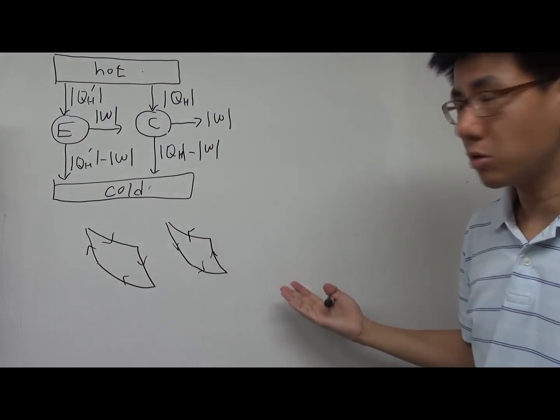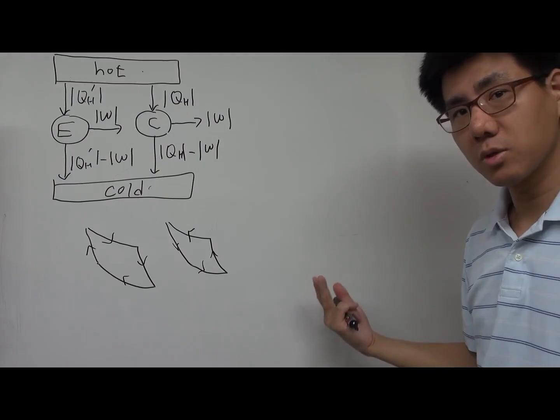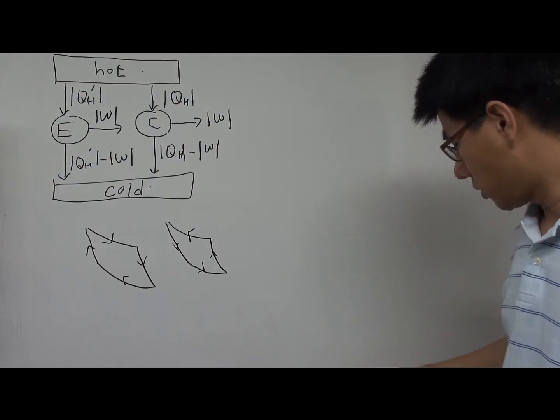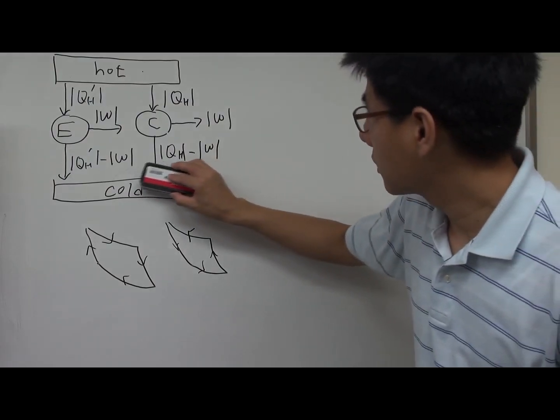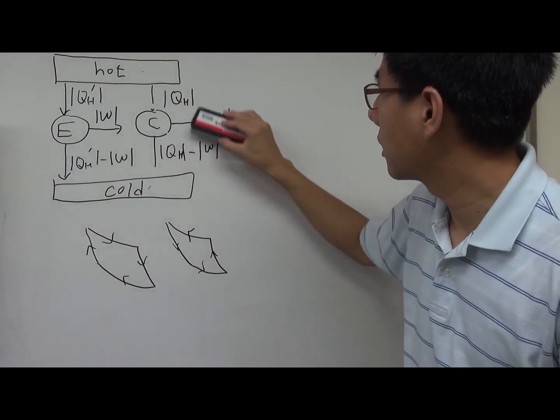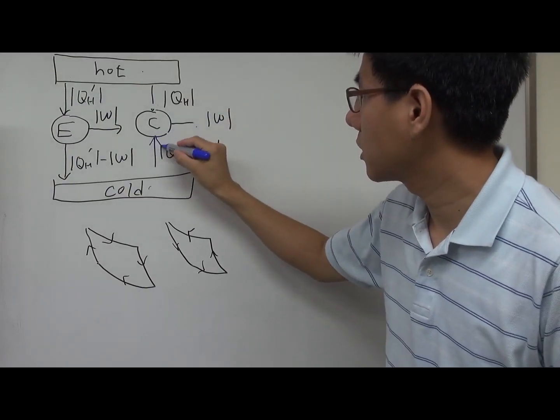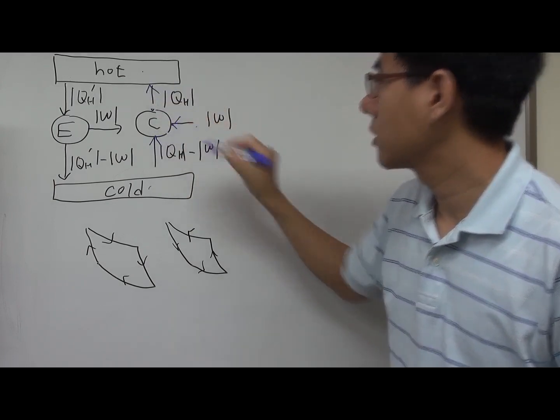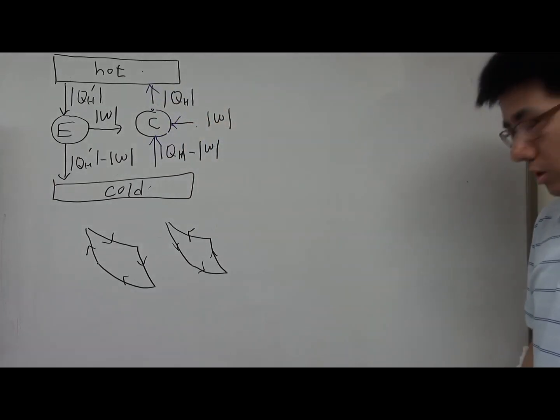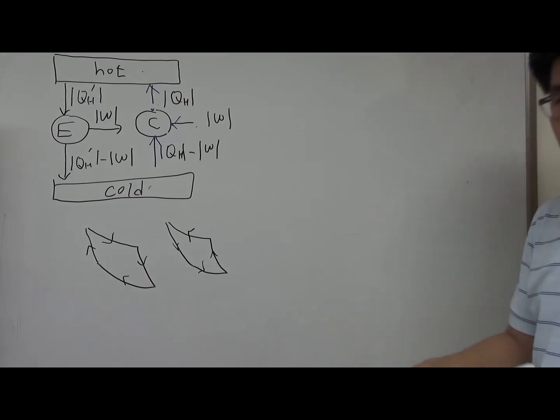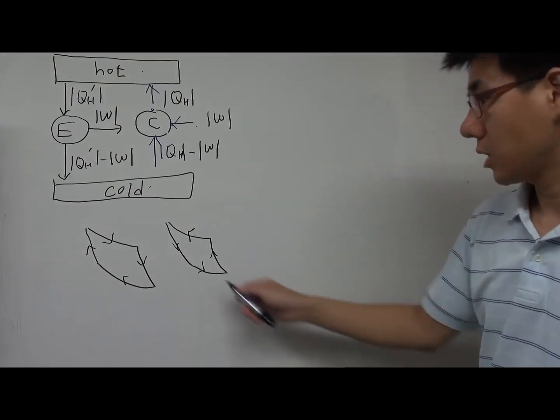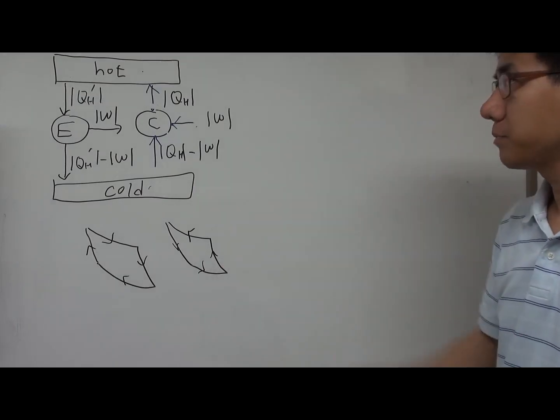It is easy because the Carnot cycle is a reversible cycle. We can run the engine backwards like this.